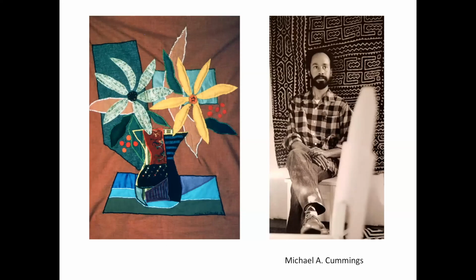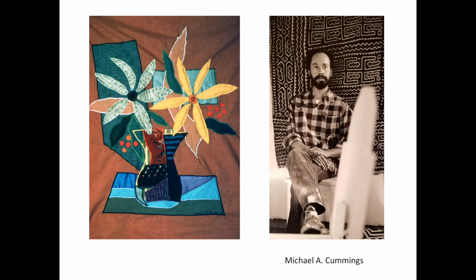During the early 1970s, Michael Cummings was residing in New York, being mentored by Paul Smith, director of the Museum of Contemporary Crafts, as Michael gradually transitioned from paper collage to what would later be termed art quilts.